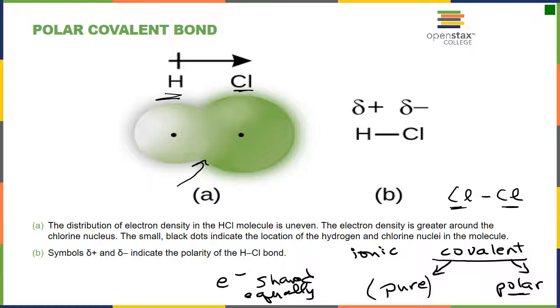And we're going to have a polar covalent bond, meaning that the electrons are going to, on average, spend more time around the chlorine than they are around the hydrogen. This is going to change what the properties are. We're going to have a partial positive on hydrogen and a partial negative on chlorine, and this little partial sign just means a little. So it's going to be a little positive on hydrogen and a little negative on chlorine.